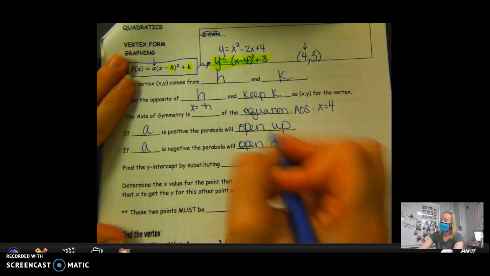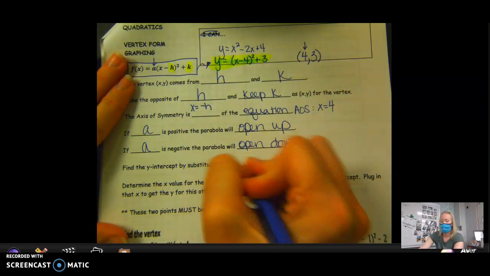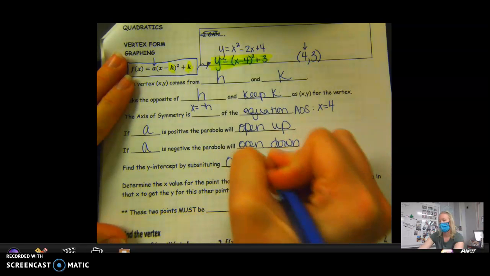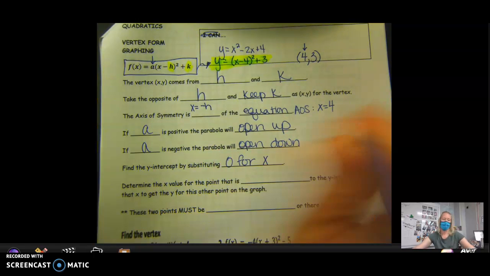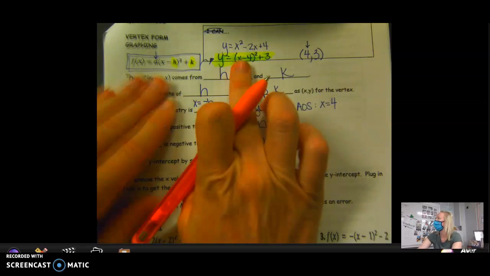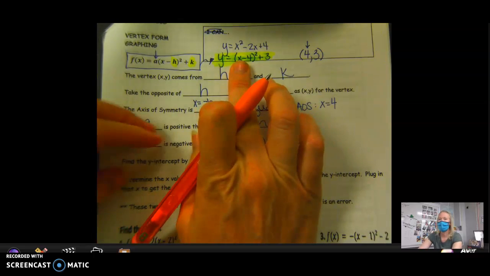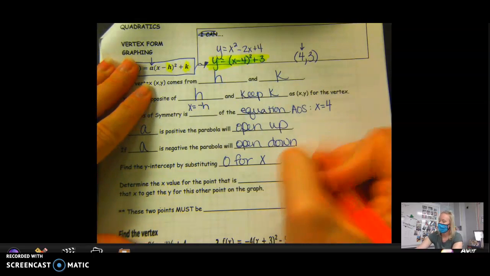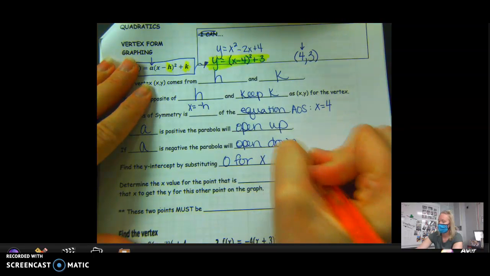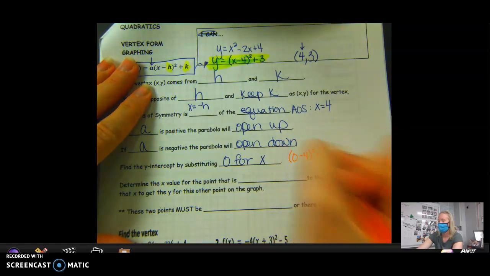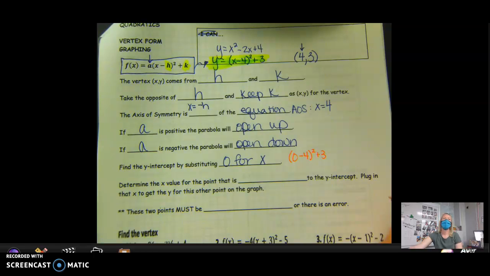Find the y-intercept by substituting 0 for x. So let's try that. So I'm going to take this equation here, and in the place of x, I'm going to put 0. So I'm going to do parentheses 0 minus 4 squared plus 3.